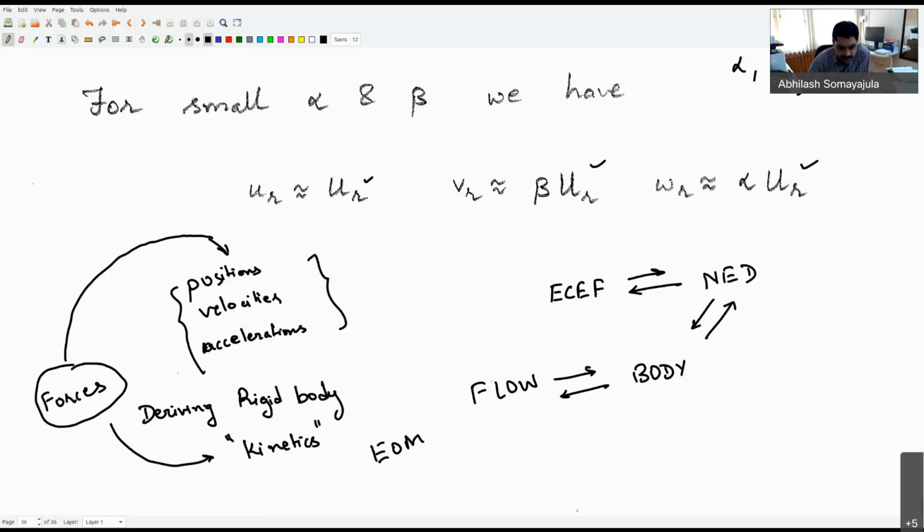So we'll look at how we define the 6 degree of freedom equations of motion. So 3 translational and 3 rotational equations of motion for any general rigid body which is operating in the sea. How do you figure out what are its governing equations of motion?